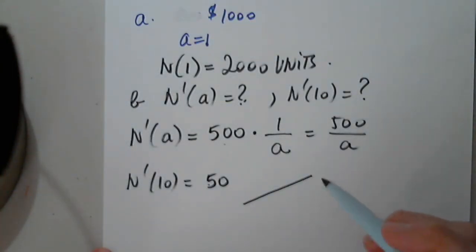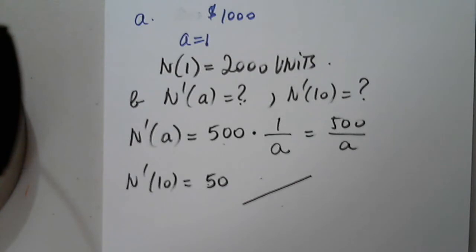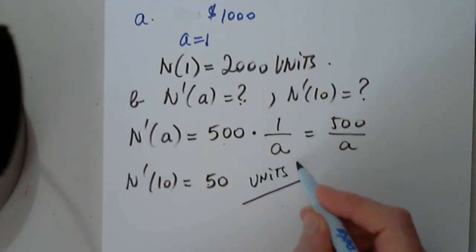You will give me two measurement units, one for the top and one for the bottom. Would it be $50,000 per unit? So first, the y variable. What is the y variable measured in? Units sold.